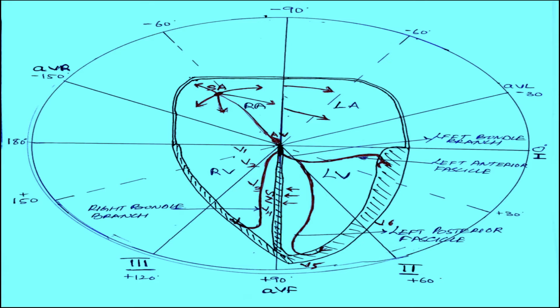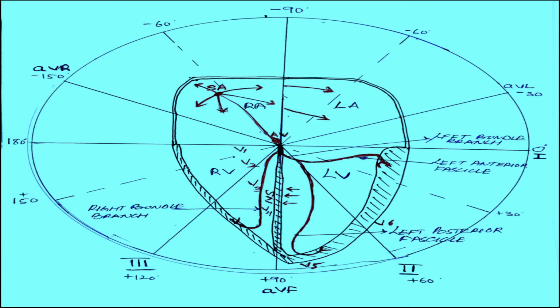It is like this because current can travel only in one direction, not both. So from the right bundle branch the impulse goes towards the left ventricle, which causes a shift of the axis to somewhere between 0 degrees and minus 90 degrees, so in that quadrant your axis will be lying.